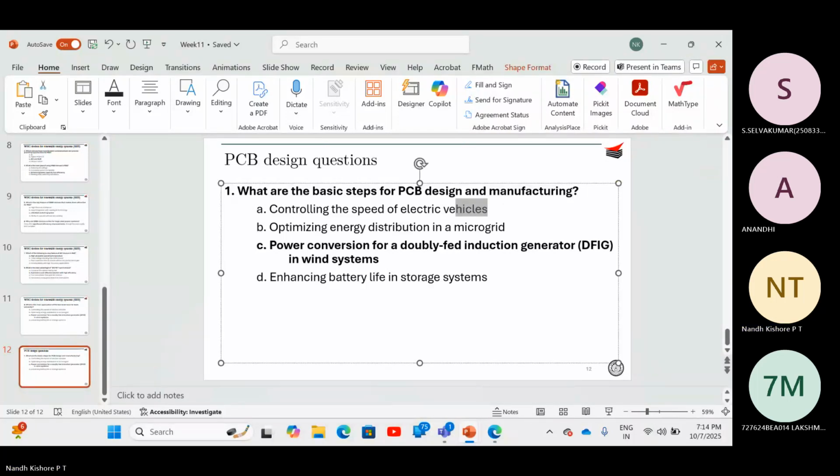Okay. So the first flow is schematic design, then PCB layout and Gerber generation. Gerber generation, PCB layout.